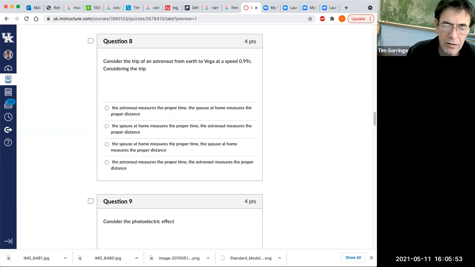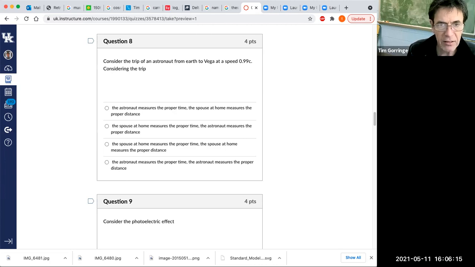So why is that? Well, the reason that the person on Earth measures the proper distance is like the reason that a person sitting with an at-rest meter stick would measure the proper length of the meter stick.